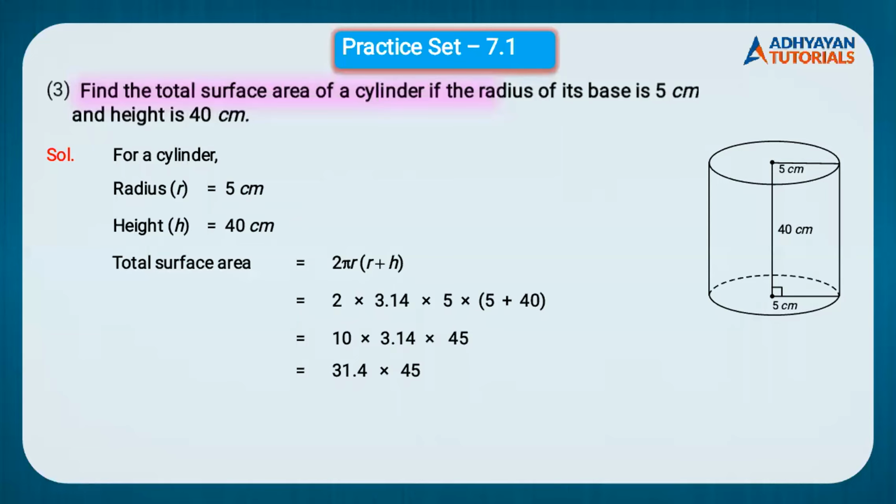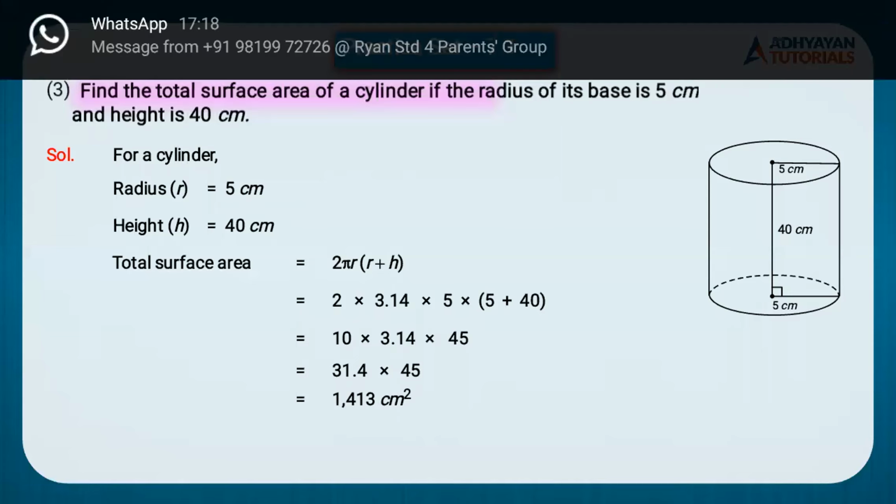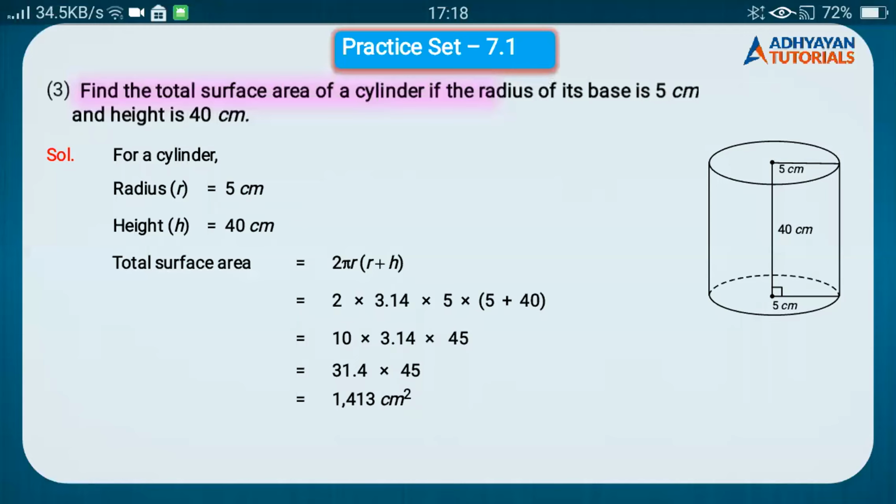Okay, so did you get the answer? So 31.4 into 45. What is the answer? Yes, the answer is 1413 centimeter square. Now, students, again, the most important part which we discussed yesterday as well is units. Here we are finding area, total surface area. When we are finding area, the unit would be in terms of square.